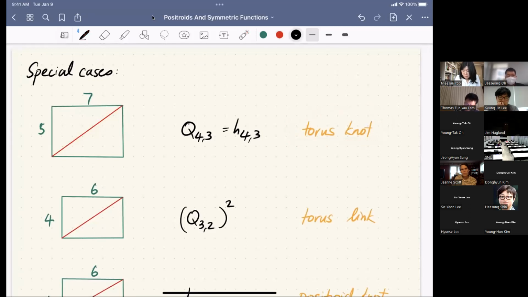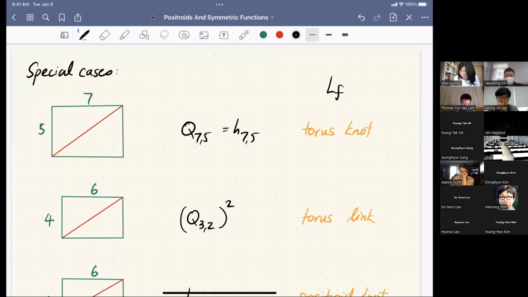If f comes from this curve, then L sub f is something called a torus knot. And in this case, the corresponding operator is just Q sub. I don't know why I wrote 4-3, 5-7. Sorry, 7-5. So the corresponding operator is Q sub 7-5, which is actually H sub 7-5 because 7 and 5 are relatively prime.